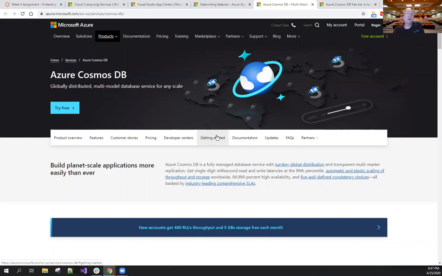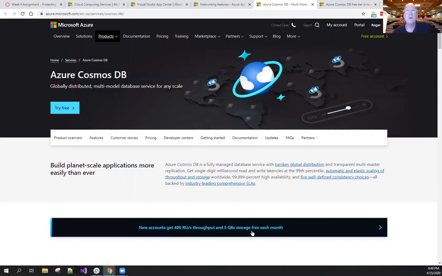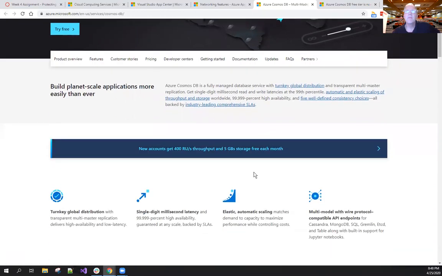It's called Azure Cosmos DB. Fully managed database service, multi-master replication. So this literally is a response to Amazon DynamoDB.